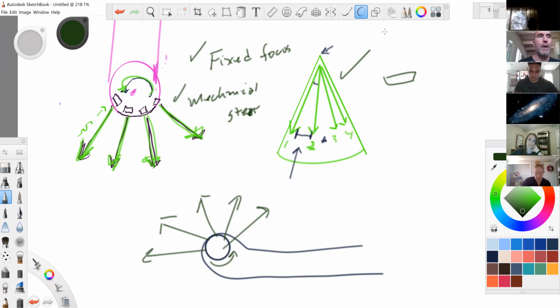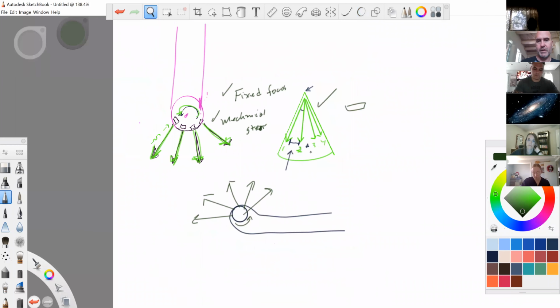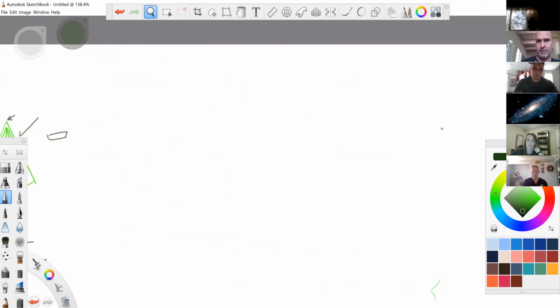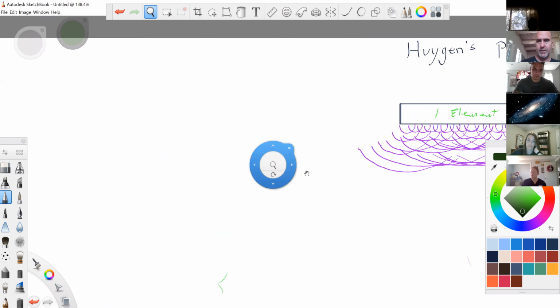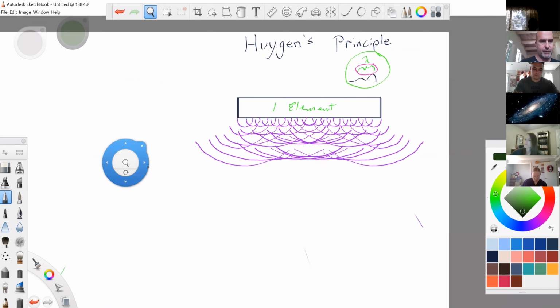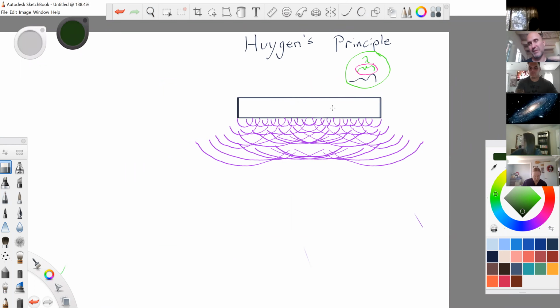So then we go into arrays, transducer arrays. And these have many elements. I'm just going to go straight over and use this picture that I had. No, we're not talking about one element. That was yesterday's review, was one element.